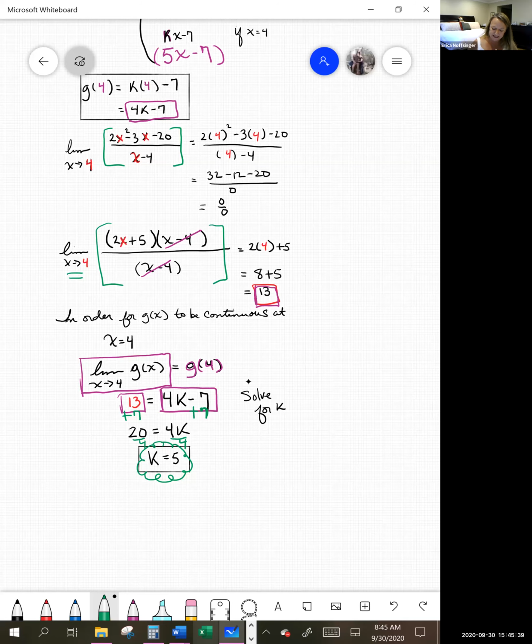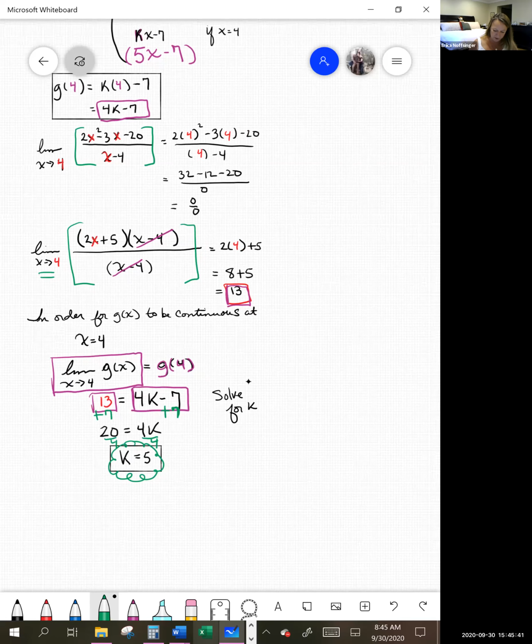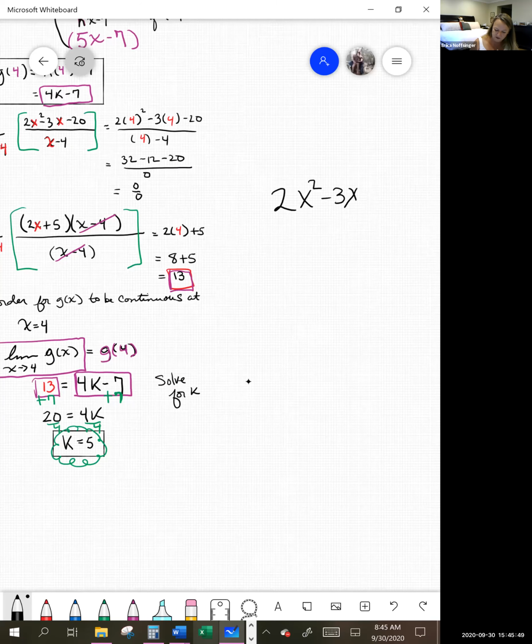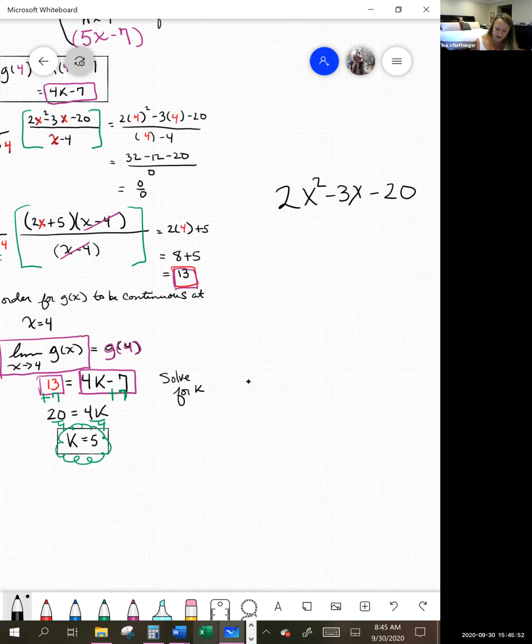But if I didn't see that, there's a couple ways that we can go about factoring this. I normally use the AC method and rewrite it, doing grouping. The AC method says if this is not 1 in front of the x squared, when you're factoring, look at this a value times your c value.